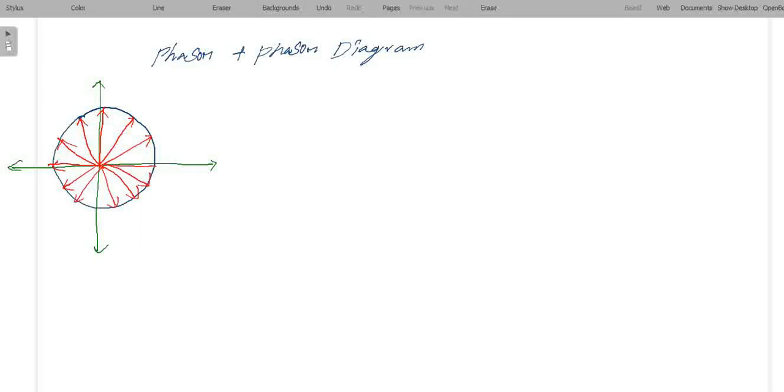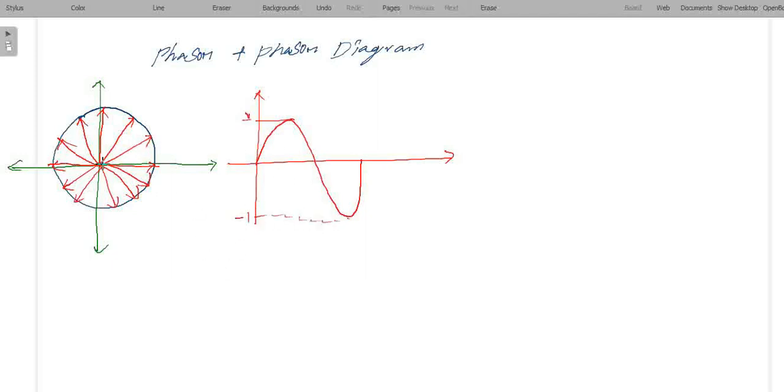If you consider the projection of these vector points and draw a graph, it looks like this for sin x. This is your maximum value of 1 and this is your minimum value of -1.